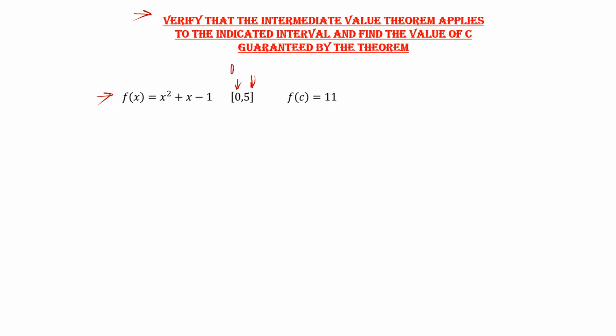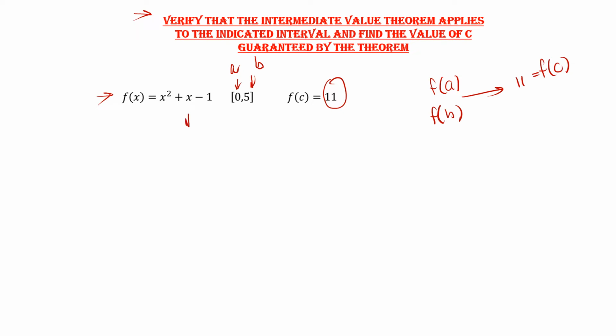So let's suppose 0 is the a value and 5 is the b value. There will be a value between f(a) and f(b). That value is equal to 11. That means f(c) is equal to 11.